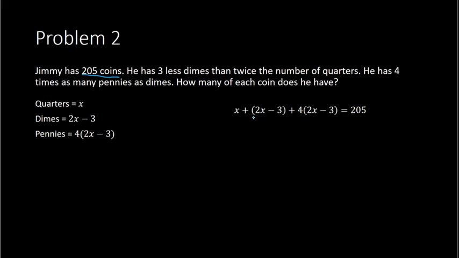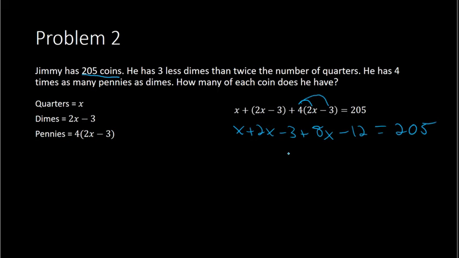To solve, I can begin by getting rid of the parentheses. If I'm adding (2x minus 3), that is the same thing as taking just 2x and minus 3. And then over here we have a 4 we can distribute within the parentheses. So 4 times 2x is 8x, and 4 times negative 3 is negative 12.